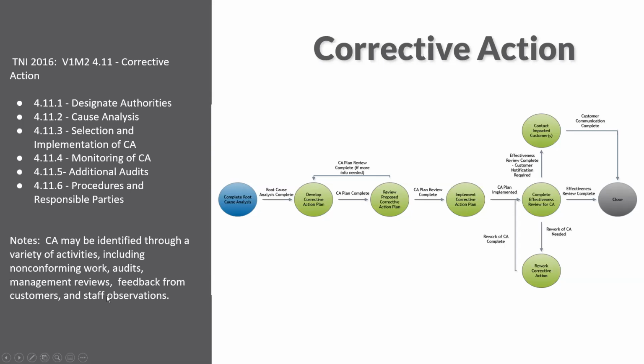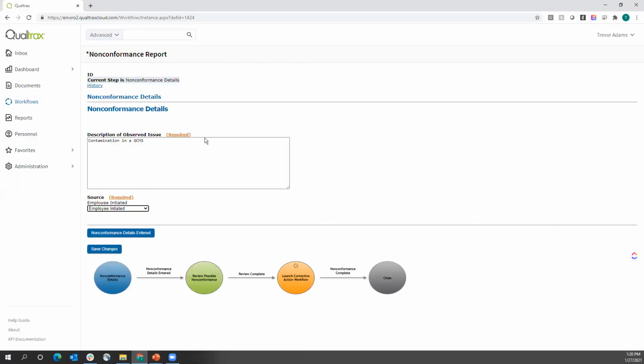Here we're doing it off of just a staff observation, but it can come from feedback from a customer complaint or a non-conforming work like we're doing, or internal audits, whatever it is, they're all tied together here. So some pretty cool automation that we can do there for you. So I am an analyst. I fill out my form, pretty simple for me to do, right?